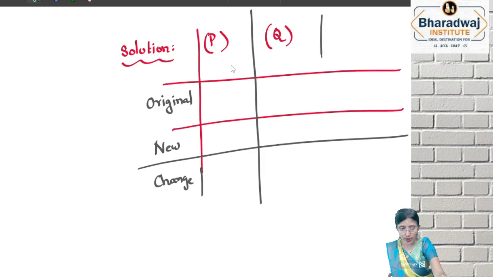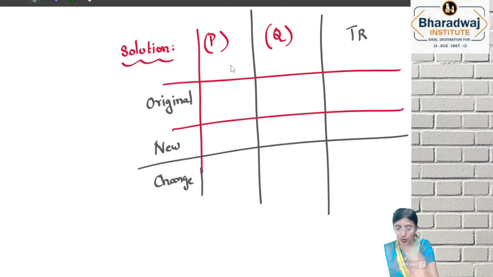Price, quantity, TR. Okay. So what was my original price? Yeah, it was 20. At that time, quantity demanded was 9.